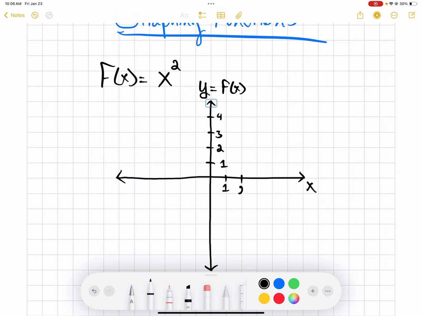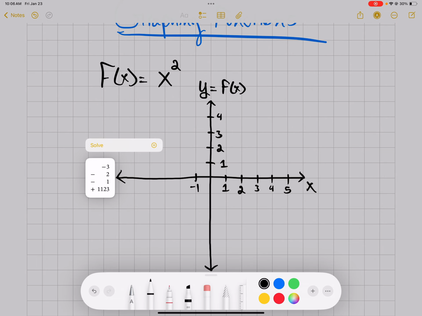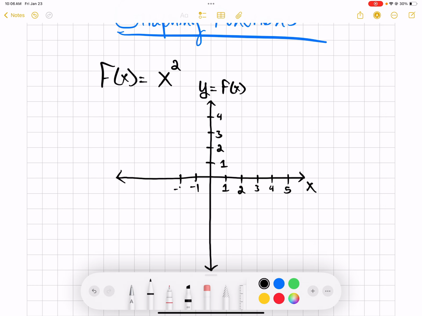So this is going to be 1, 2, 3, 4, 5, and then -1, -2, -3, -4, and -5, and then the same on the vertical axis.